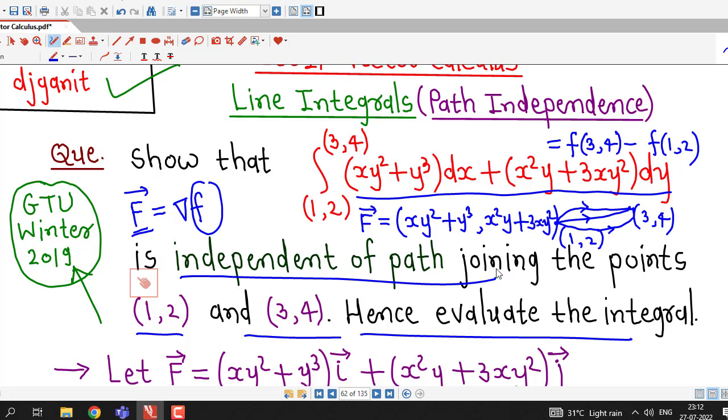Here we are not given any curve between these 2 points, because we have to prove that the line integral is independent of path. That means the line integral will have the same value along any path joining these 2 points. So it is not necessary to give a curve, and we use the fundamental theorem of line integral to determine the value of this integral.